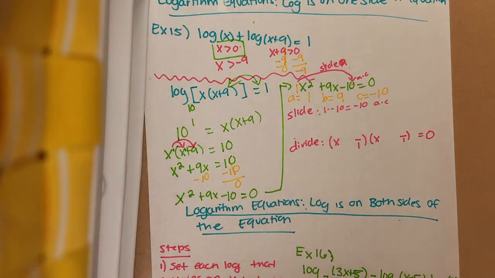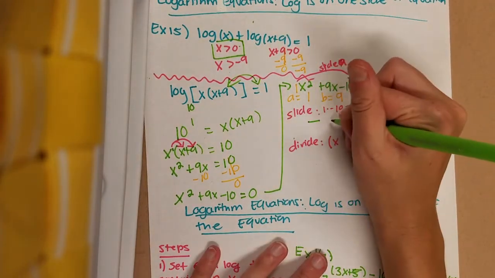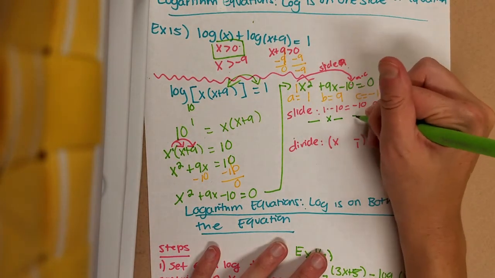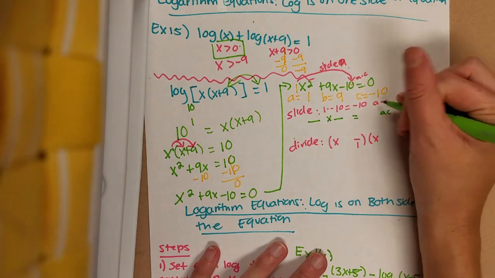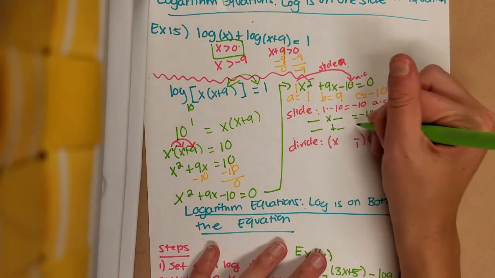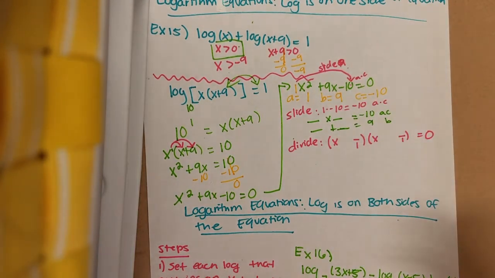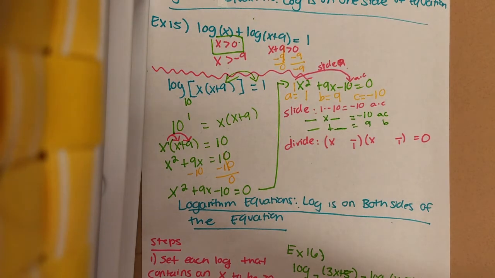Okay, so now let's talk about the numbers that go inside of our parenthesis. That's when we find the two numbers that multiply to equal the AC, which is our slide part, which I already know is negative 10, and add to equal B, which is 9. So let's think about it. We need two numbers that multiply to be negative 10 and add to be 9.